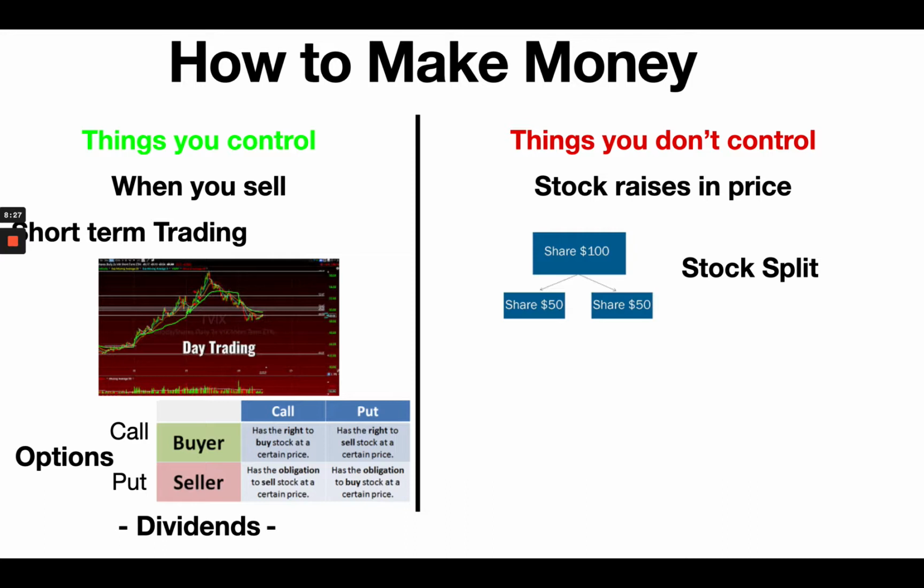So you would still have the same amount of equity, but your shares would become worth less. Now, the point of this would be to entice new investors to buy more shares, so that if they bought more shares at 50 and the price went back to 100, now you own 2 shares at 100 rather than 1.